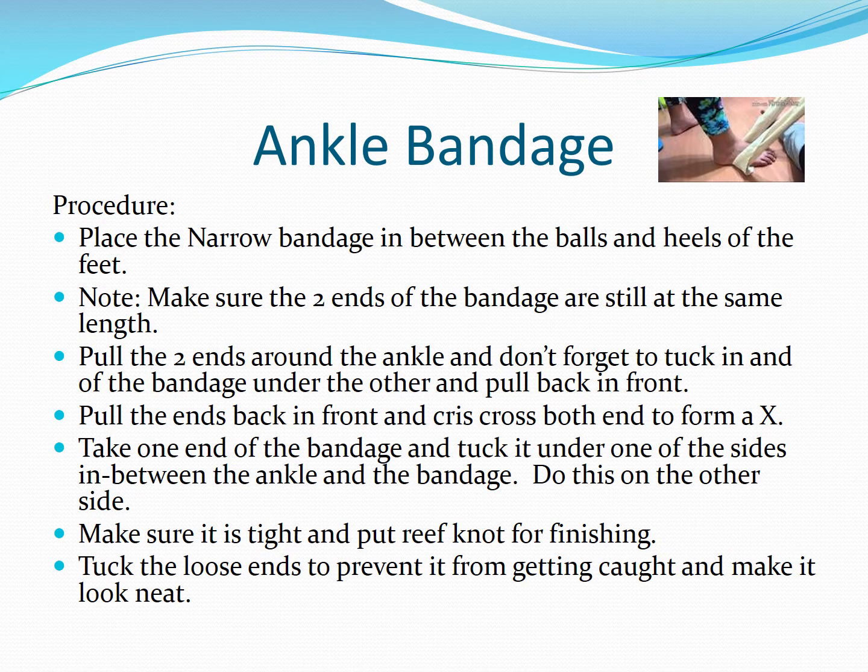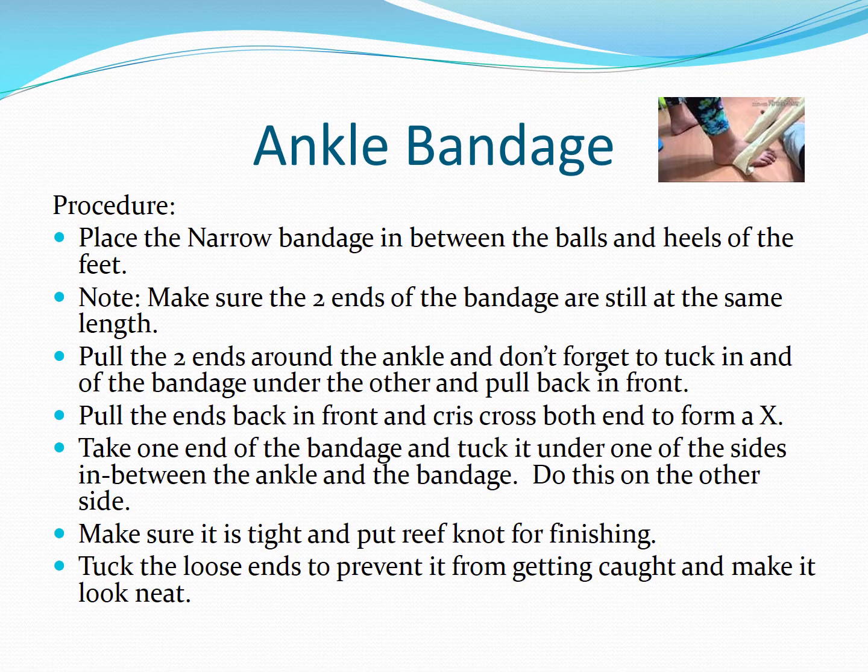Ankle bandage. Procedure: how to tie an ankle bandage. Place the narrow bandage in between the ball and heel of the foot. Make sure the two ends of the bandage are still the same length.